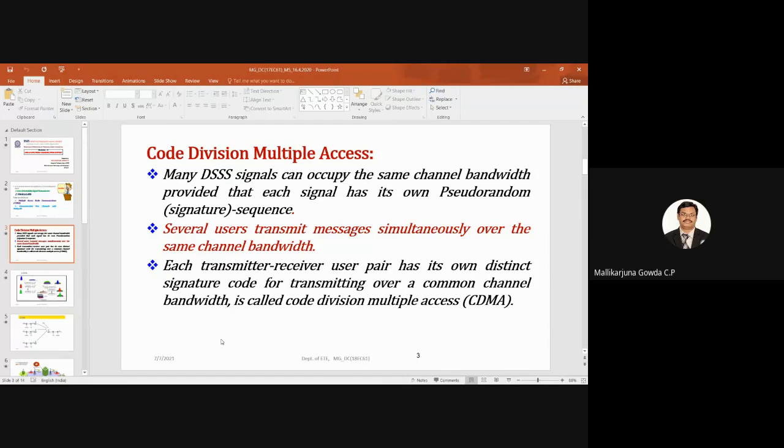Just to give an analogy between FDMA, TDMA, and CDMA, let us visualize that we have all gathered in one party hall. People from different parts of the country, or within India from different states, have arrived for that party.